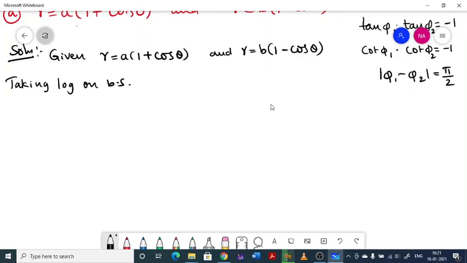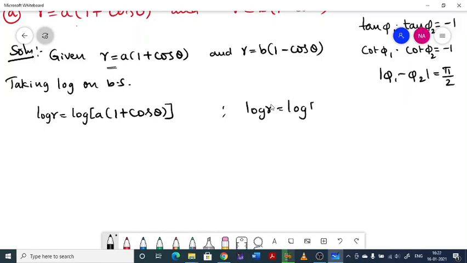Let us consider both the curves parallelly. Taking log on both sides of this curve, we get log r equal to log of a times of 1 plus cos theta, and here we get log r equal to log of b times of 1 minus cos theta.